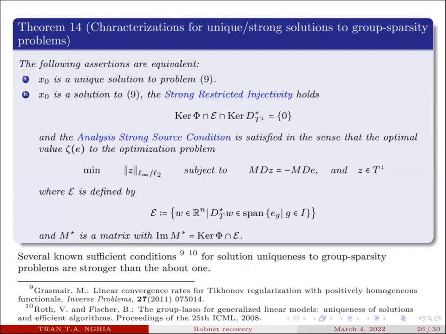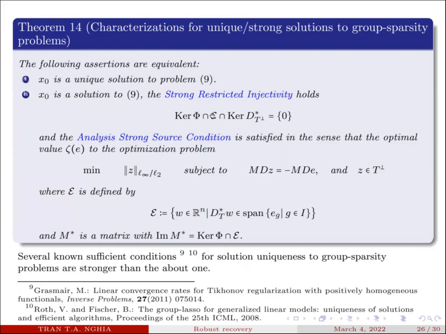We have to use second order variational analysis to establish this characterization. Now, we introduce two definitions, strong restricted injectivity and analysis strong source condition. Quite similar to the case of sub-minimizers, but we have an extra term right here, that is epsilon.